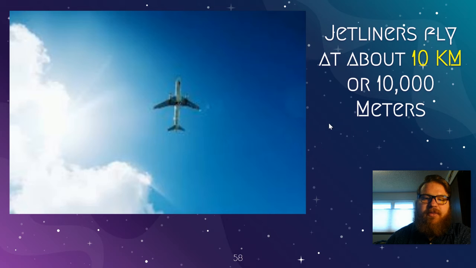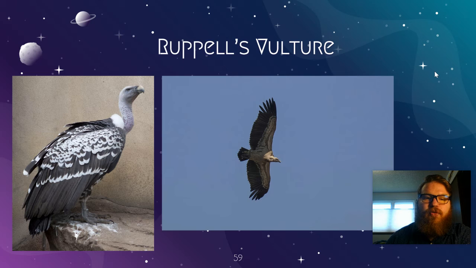And you might be wondering, can birds fly that far? Well, some actually can. The Ruppell's vulture can fly at about the same height, around 10,000 meters, or 10 kilometers up in the sky. So birds can still fly that high, which is pretty crazy to think about.